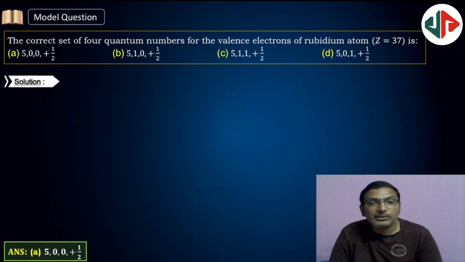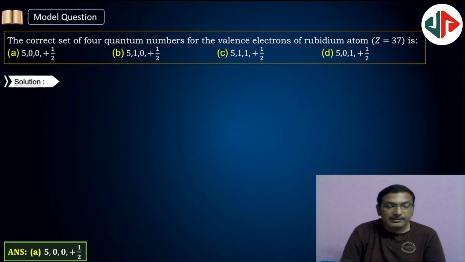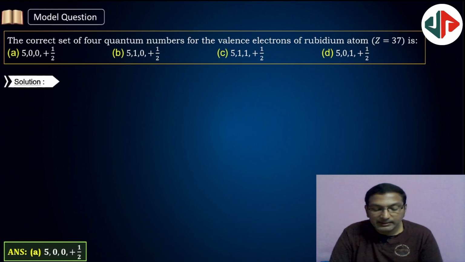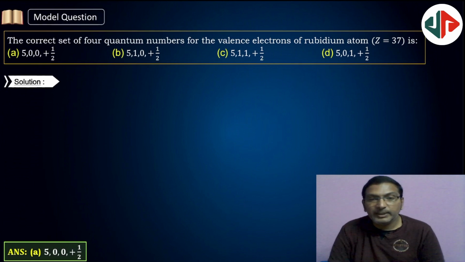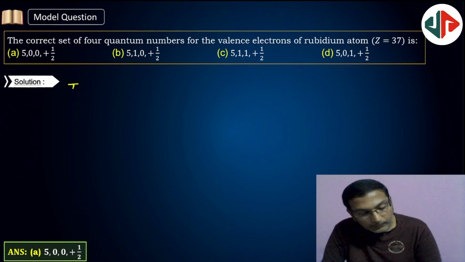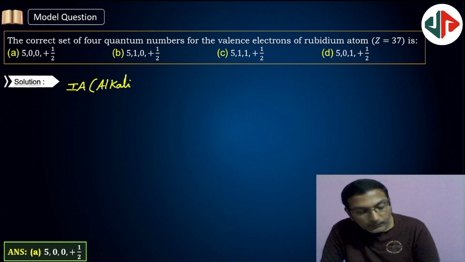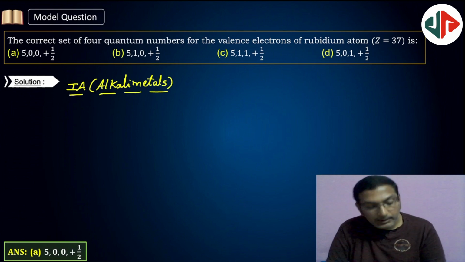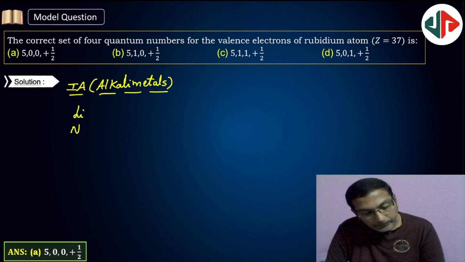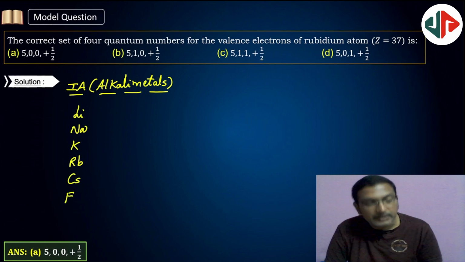Next simple question only. The correct set of 4 quantum numbers for valence electron of rubidium atom. So we know rubidium belongs to group 1A, that is alkali metals. So we know alkali metals: lithium, sodium, potassium, rubidium, cesium and francium.